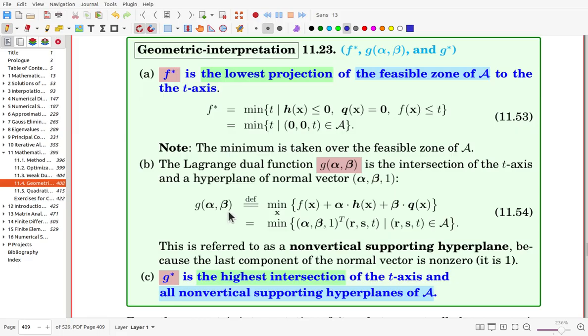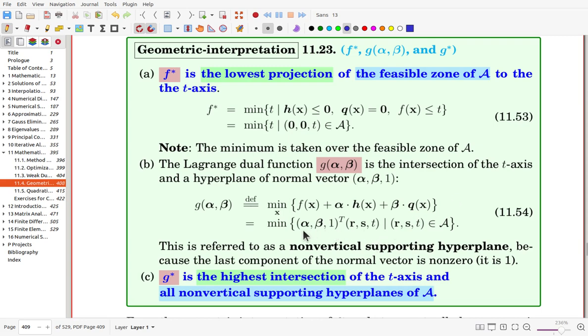So we can say that g of alpha beta is the intersection of the t-axis and a hyperplane of normal vector (alpha, beta, 1). Okay, this is a hyperplane with a normal vector in the (r, s, t) domain. This hyperplane is referred to as a non-vertical supporting hyperplane because the third component is non-zero.